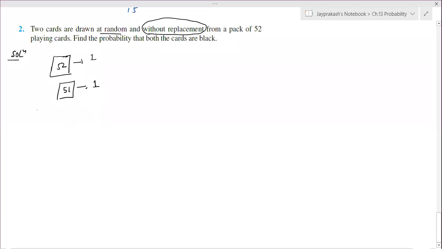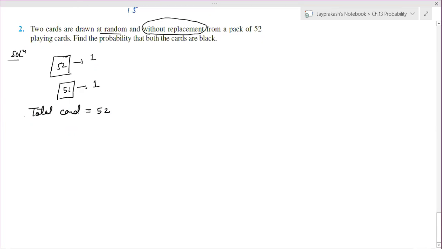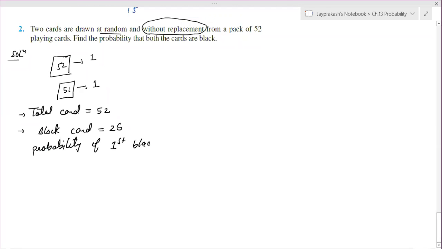So first we will write here: total cards 52, black cards 26. So the probability of the first black card is equal to 26 out of 52.